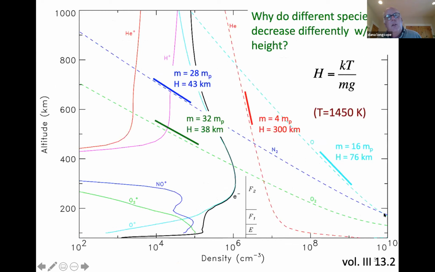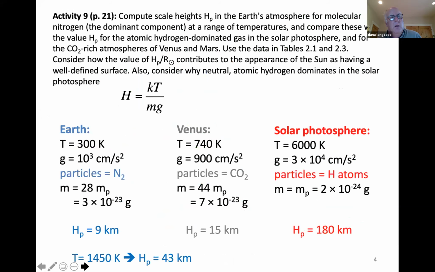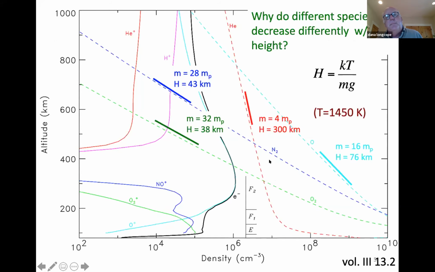You can see N2 falling off. Here we're higher up, at 200, 300, 400 kilometers, so the temperature's a bit higher, gone up by a factor of 5. So the scale height has gone up by a factor of 5 or so, and it's falling off exponentially with this scale height of 43 kilometers.